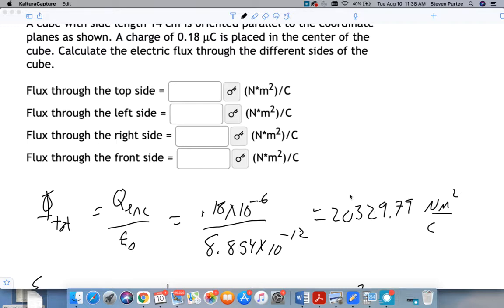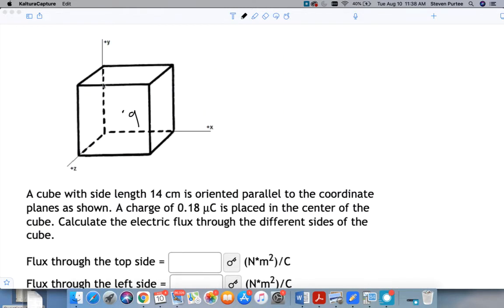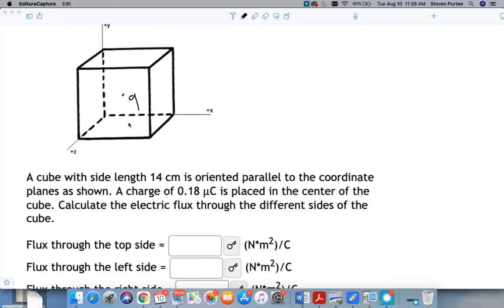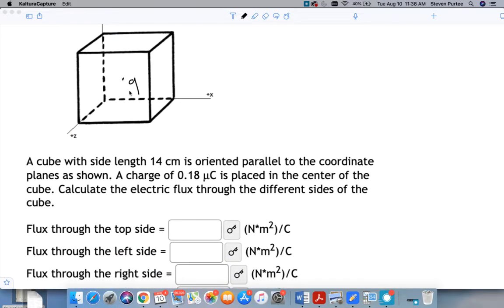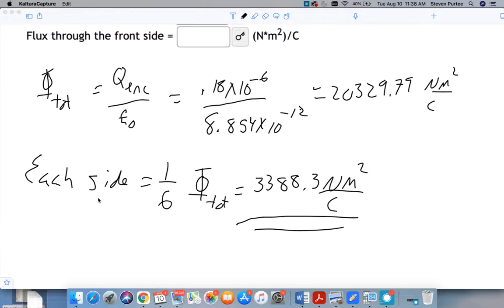This is our total flux through the entire cube. Well, all the sides of a cube have the same area, so the flux through each face is just the total flux divided by 6, because we have 6 sides. So through each side we have 1/6 of the total.